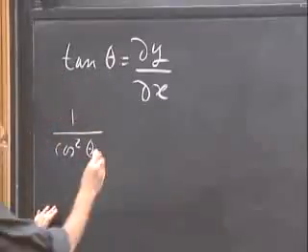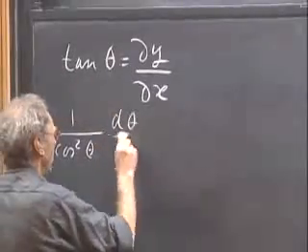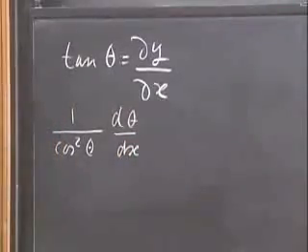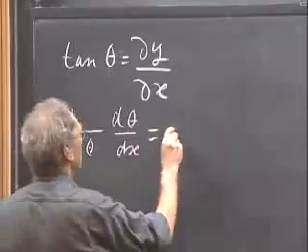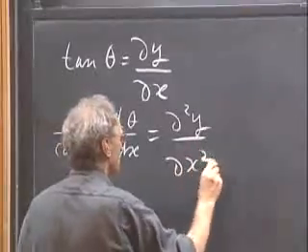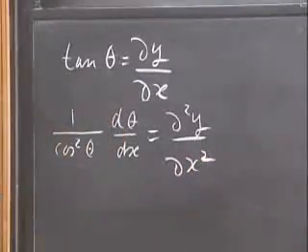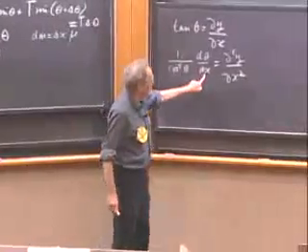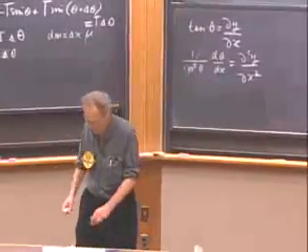And then, of course, I have to multiply it by d theta dx, because I take the whole function derivative in dx. And so here I get then d2y dx squared. But for small angle approximation, cosine square of theta is 1. And so I'm going to substitute now this result into my differential equation.